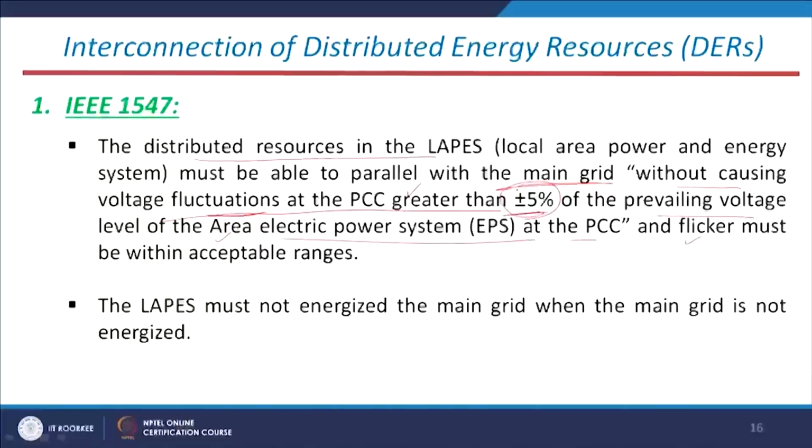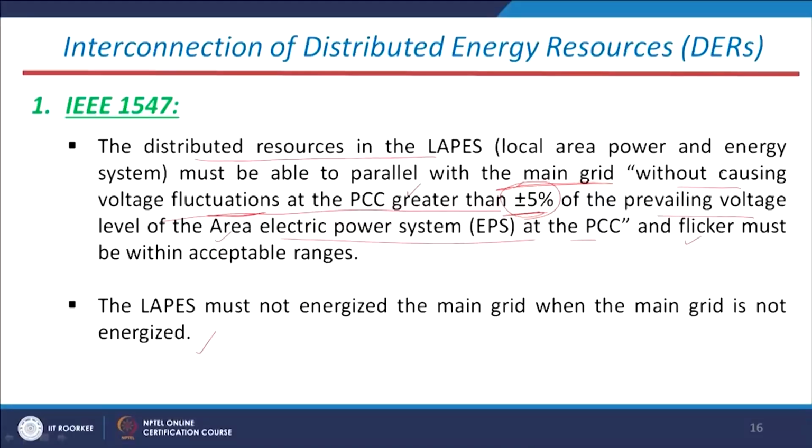We will connect those DERs in such a manner that they should not create any flickering at the PCC bus, and the voltage fluctuations should not exceed plus minus 5% of the nominal value at the PCC bus. As we have discussed, the PCC means the bus where the DERs are connected to the main grid. PCC is a connection point.